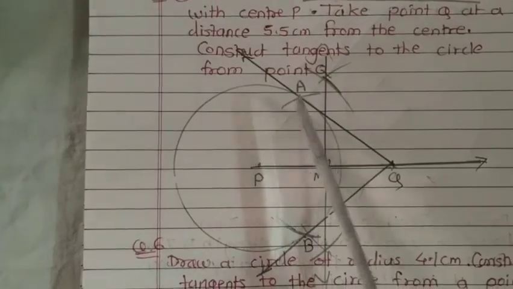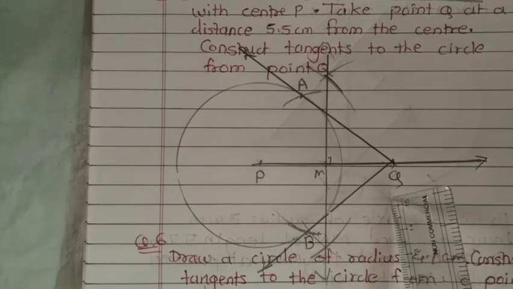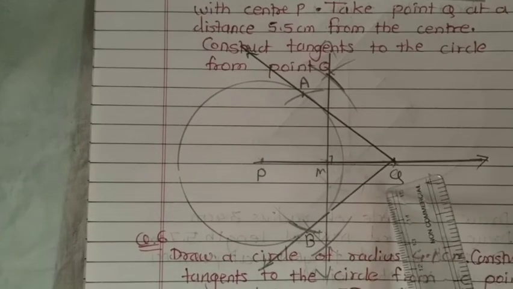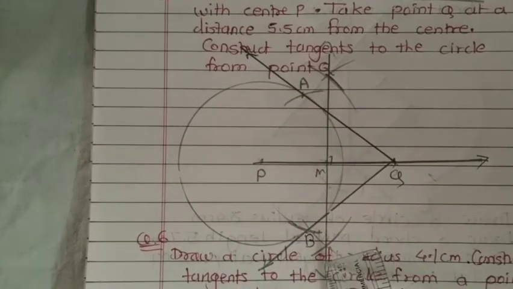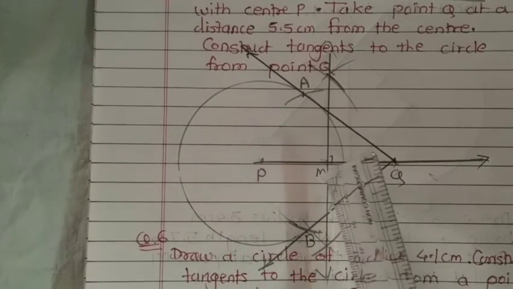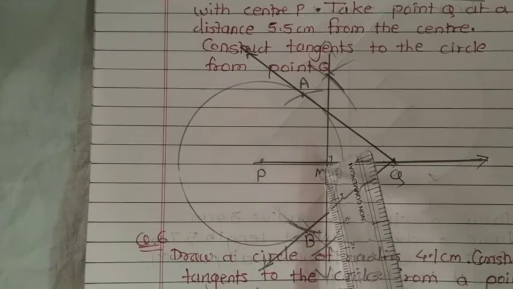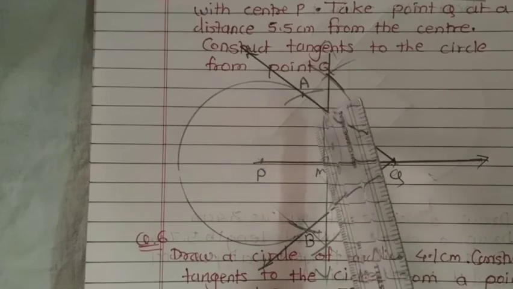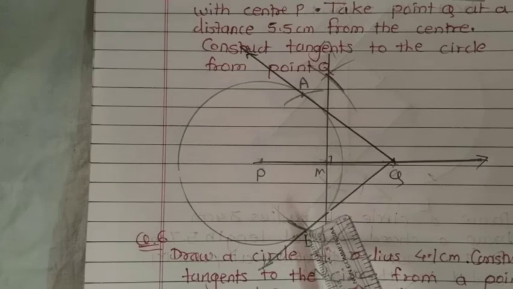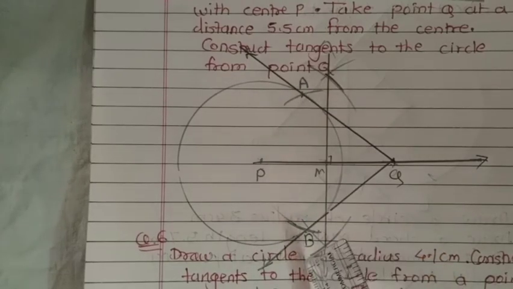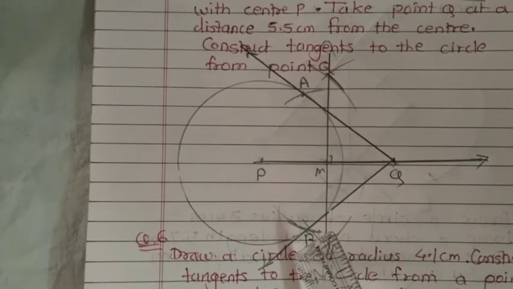Again I repeat the steps. First draw a circle of the given radius, then take the required point at the required distance. After that, draw the perpendicular bisector of the segment obtained, that is PQ in this figure. Taking the foot of the perpendicular as center and this distance as radius, we construct arcs which intersect the first circle in two distinct points, suppose here A and B. After that, join lines QA and QB.